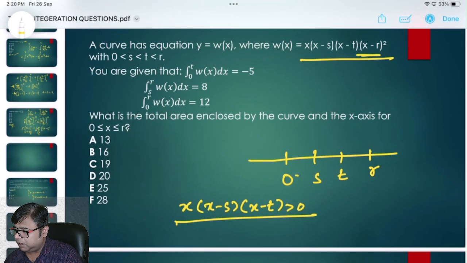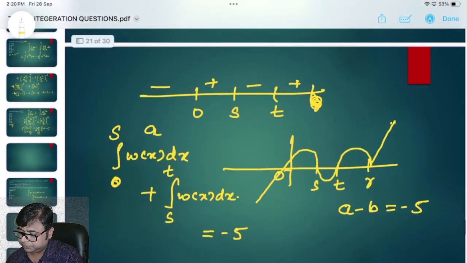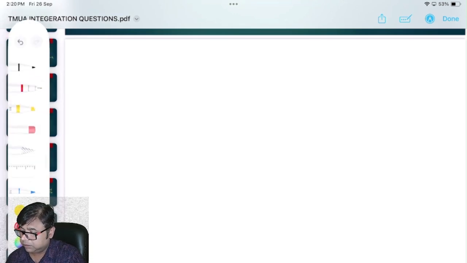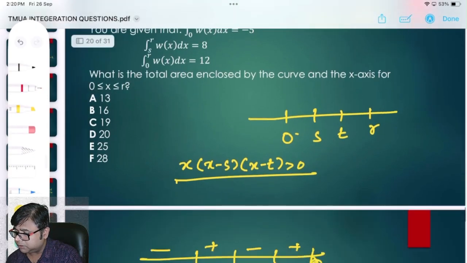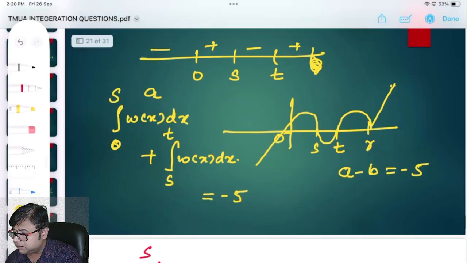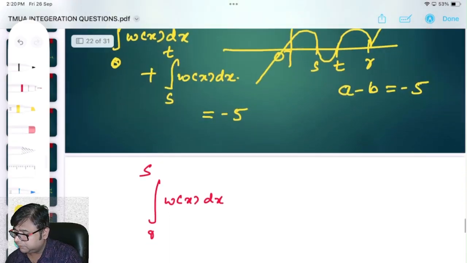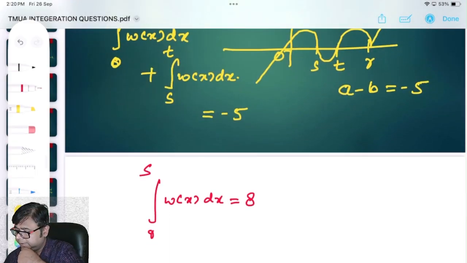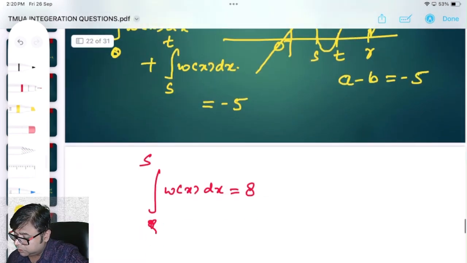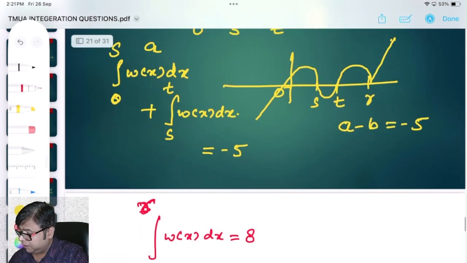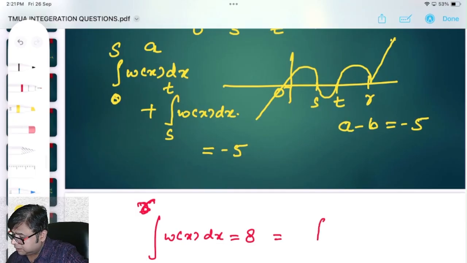Next expression: s to r wx dx is 8. Now s to r again I can break as s to t wx dx plus t to r wx dx.